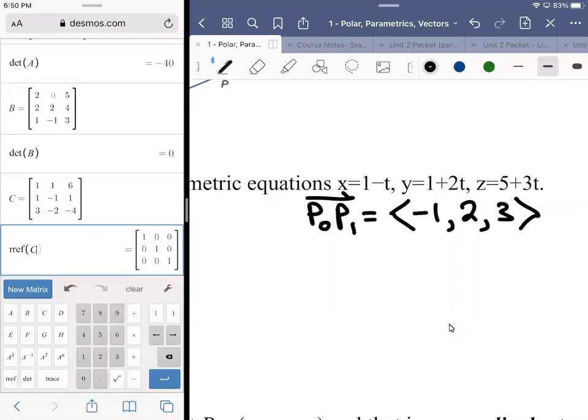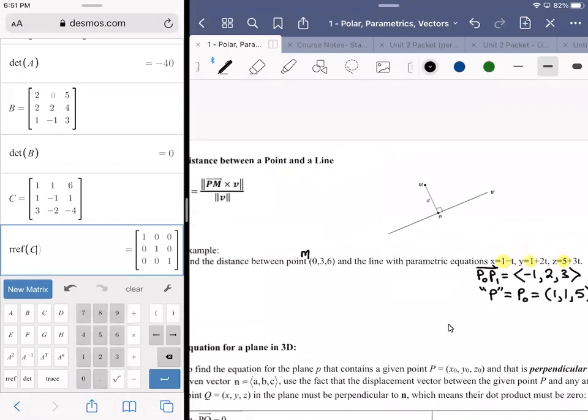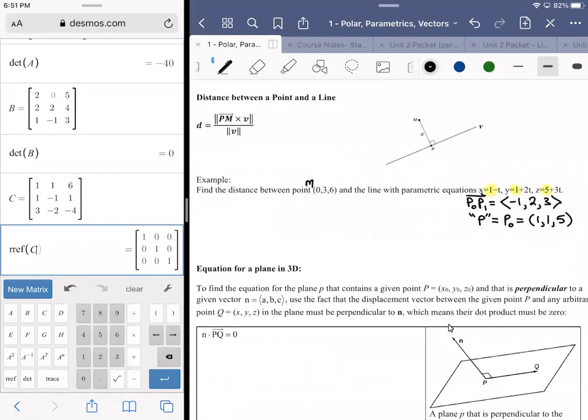But the point P itself, that point P living on the line, that's really the point that makes up the line itself, because we could have chosen any point on the line. I just choose to use the one that's staring me right in the face. All right, so (1, 1, 5). That's all sorts of information that we have.